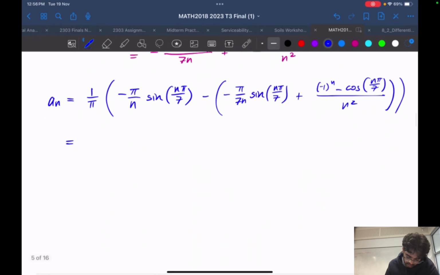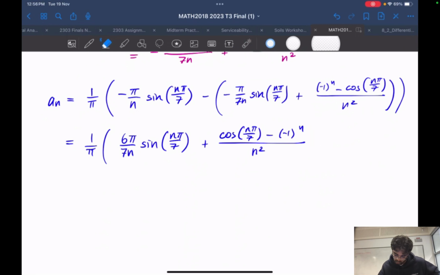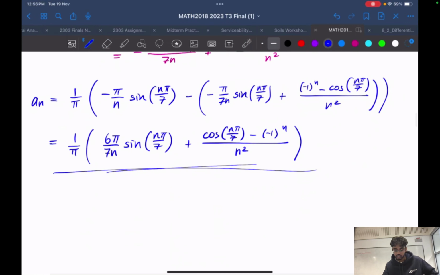I'm just going to leave the 1 over pi on the outside. This becomes a plus, so this becomes 6 pi over 7n sine of n pi over 7, combining these two terms together, plus cos of n pi over 7 minus 1 to the n over n squared. Done. That's our a n expression.